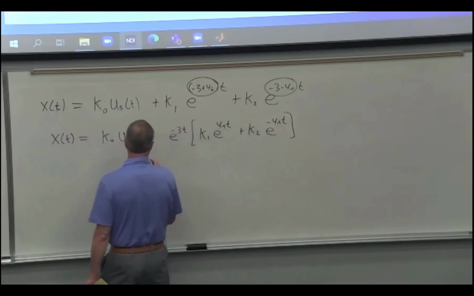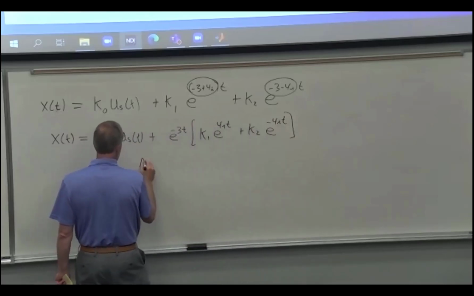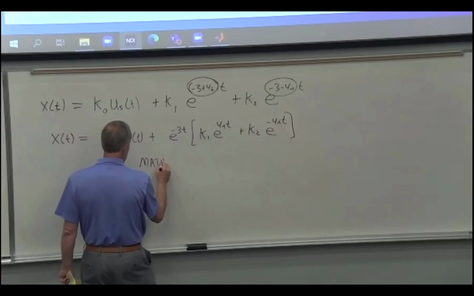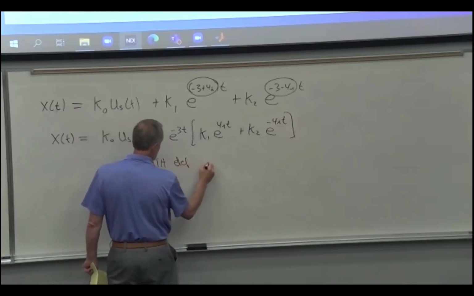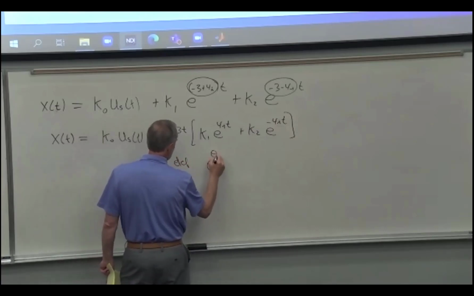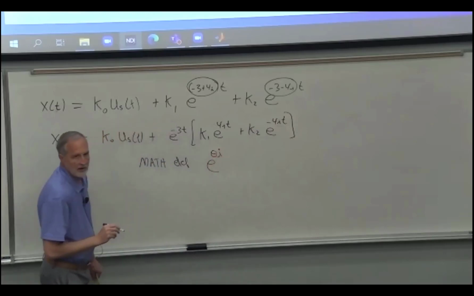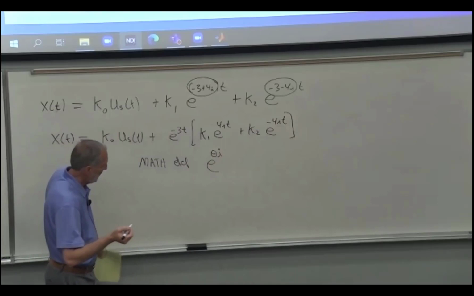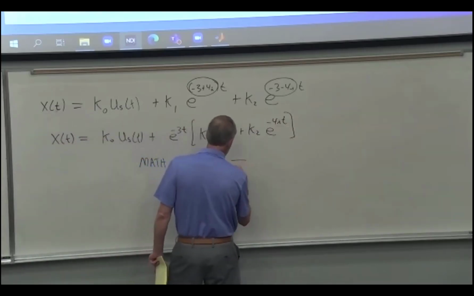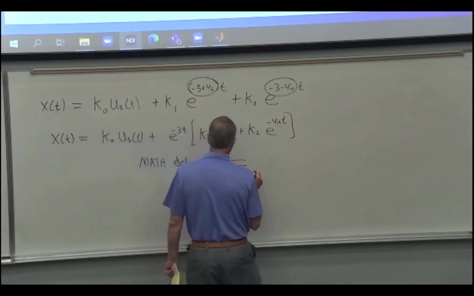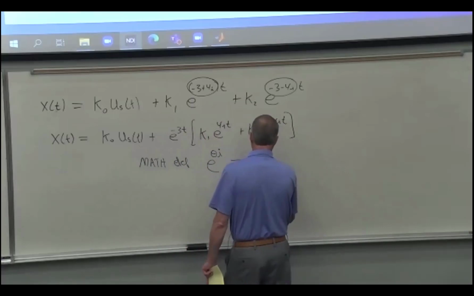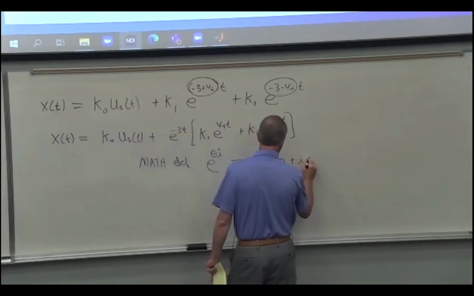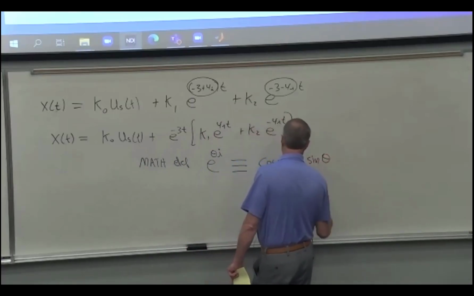And then we have to go back and do a Google search or look up the math definition of what is, and I usually write it as theta because it turns out it's an angle. You write e to the i theta. What is that? And the math definition of that is that this is cosine theta plus i sine theta.